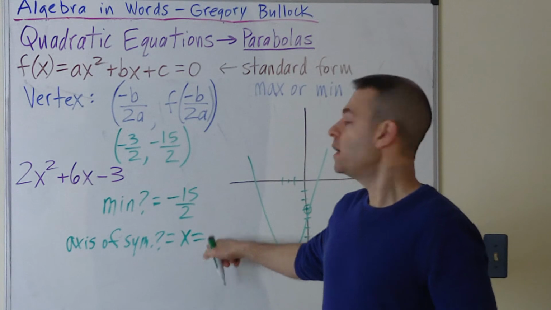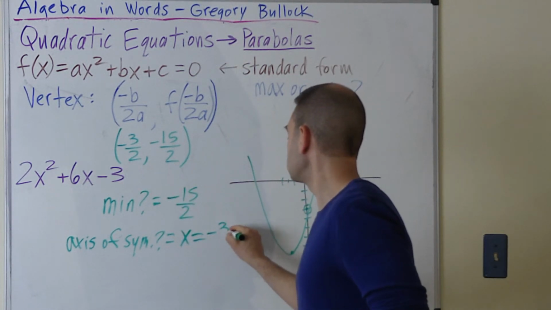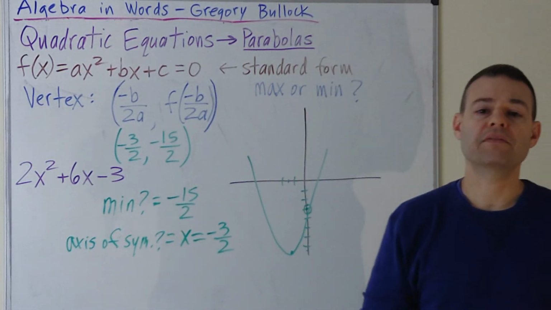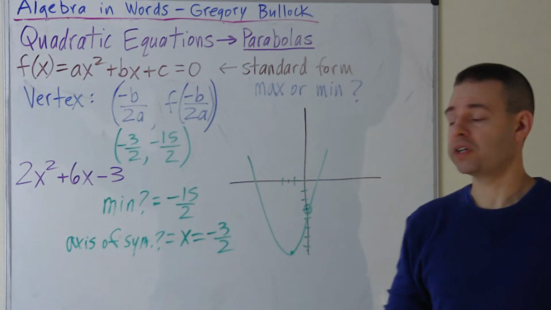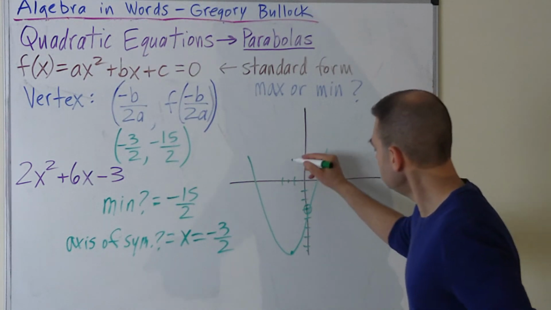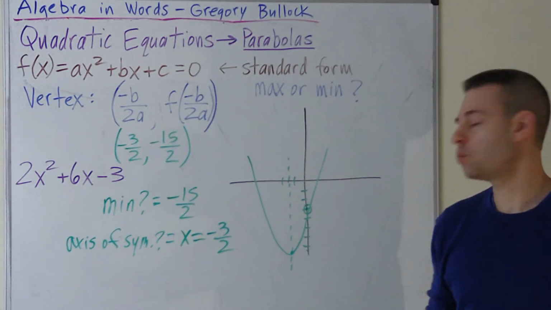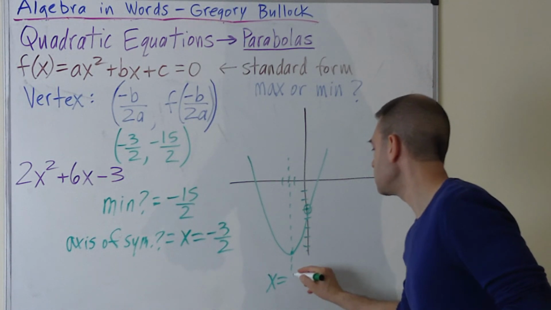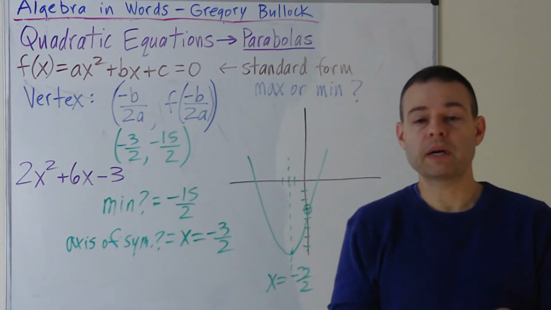X equals, and that's the x value of the vertex, negative 3/2. If we were to graph the axis of symmetry, it would just look like this. That's all, and we could label it as x equals negative 3/2. So that's pretty much it.